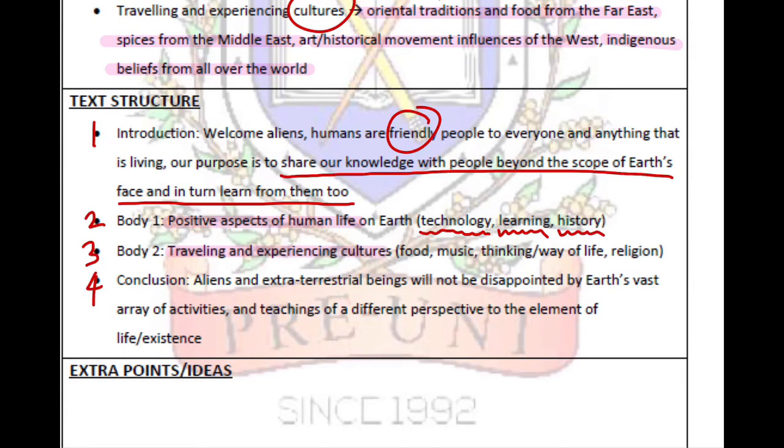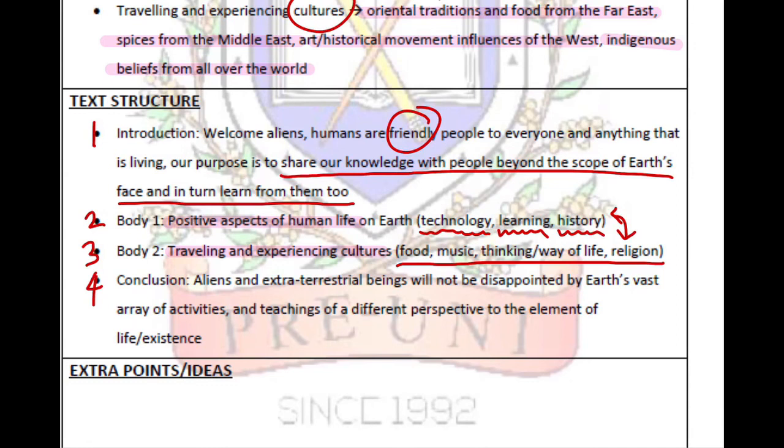Traveling and experiencing cultures. That could be food, music, thinking, way of life. So these two are intertied. I would say you can use these points, food, music, thinking, way of life, and religion, and how that has contributed to technology, learning, and history.